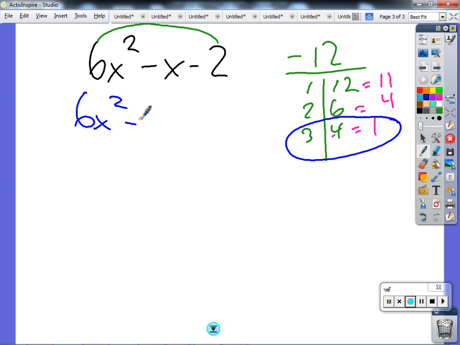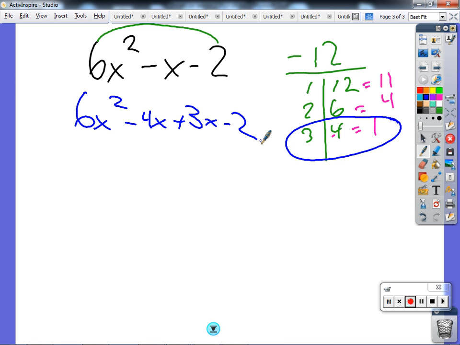Negative 4 plus 3. Ladies and gentlemen, did I change the value of the expression? Did I change the way it looks? Yes, I did. Notice this is not the same as this, right? But did I change the value? Ryan, can you tell me what negative 4x plus 3x is?